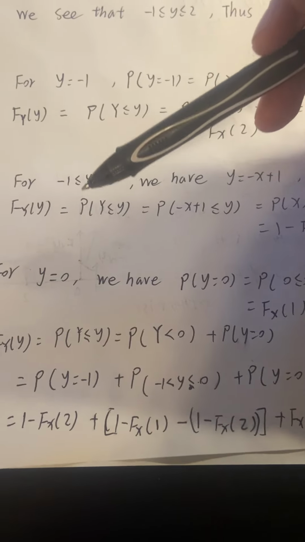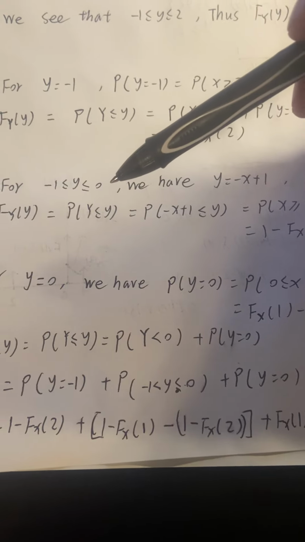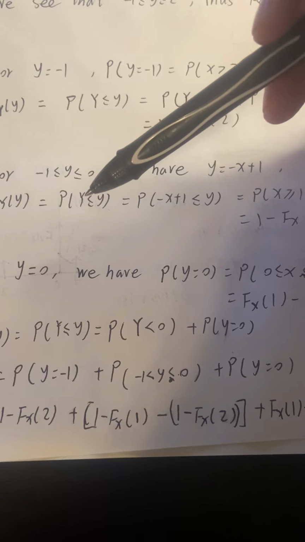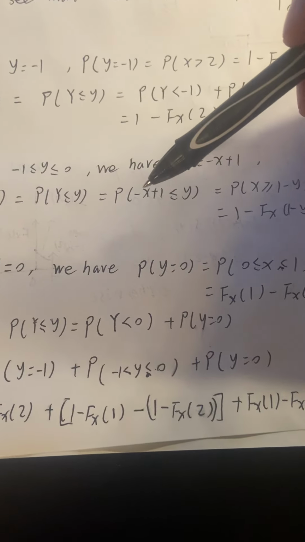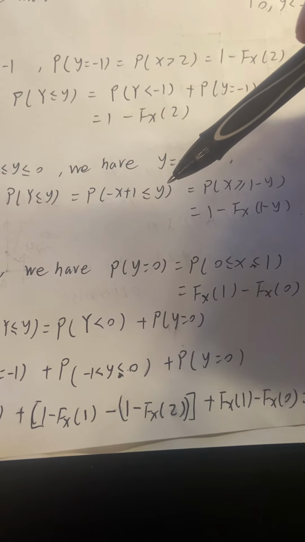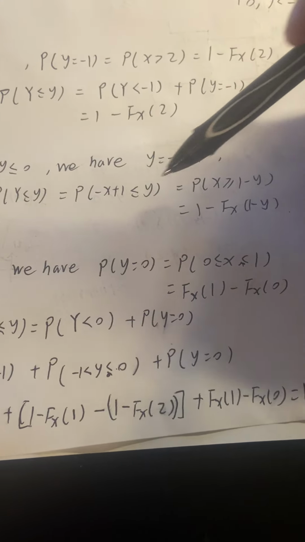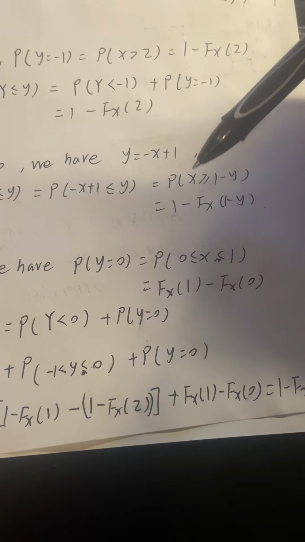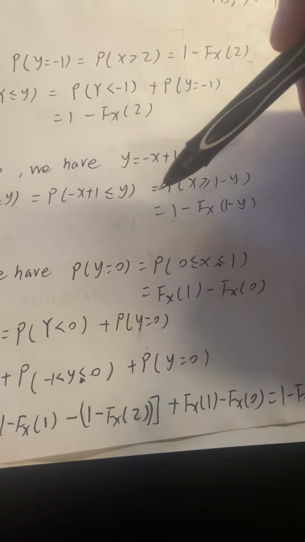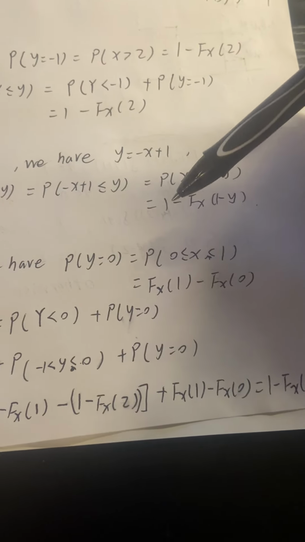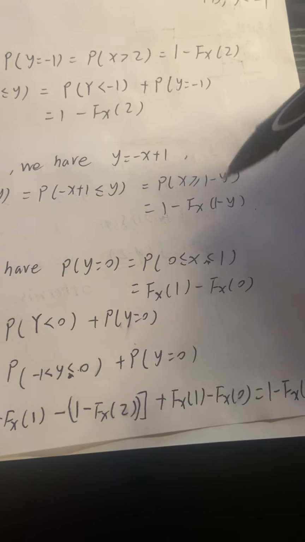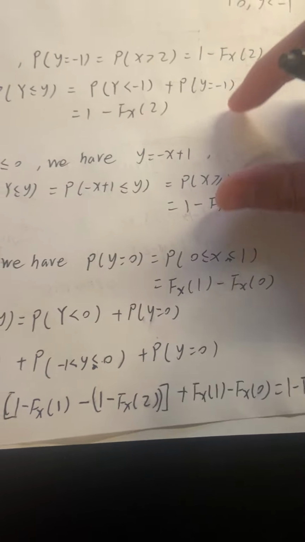So the distribution function, we can rewrite as minus x plus 1 is less than or equal to y, and this term is the probability of x larger than or equal to 1 minus y, and this term is 1 minus F_X of 1 minus y.